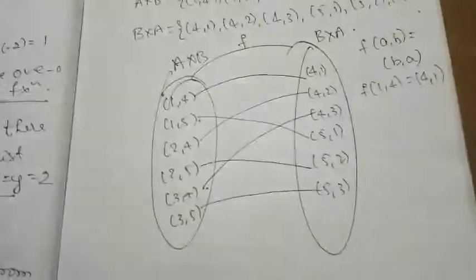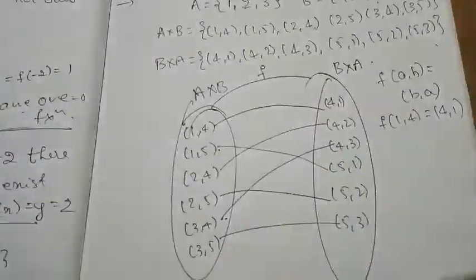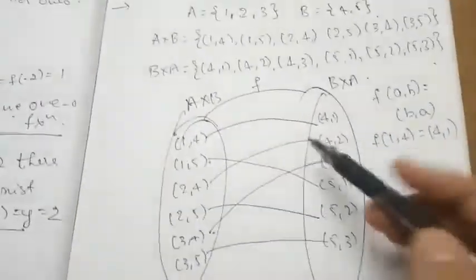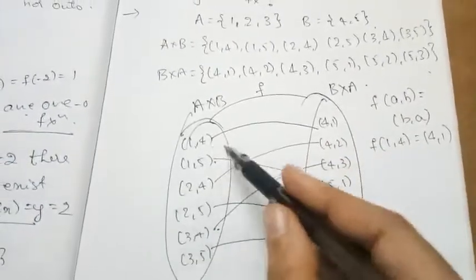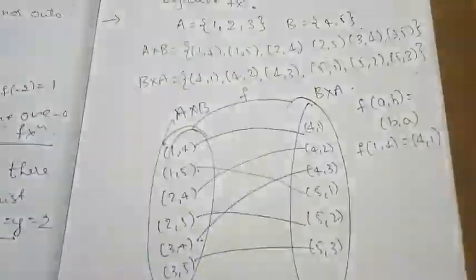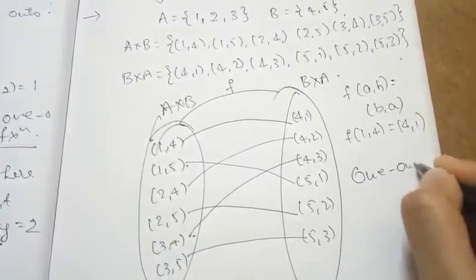Like this the mapping will continue. So you can see clearly the given function is a 1-1 function, because each element in the domain has one and only one image in the codomain.